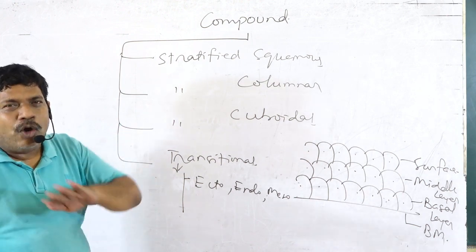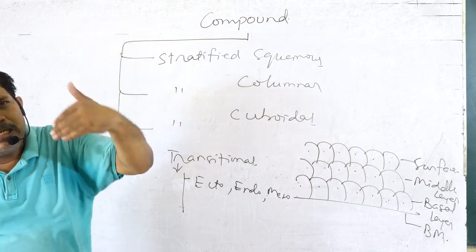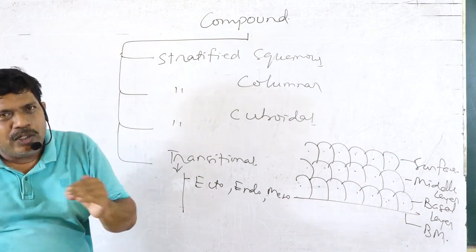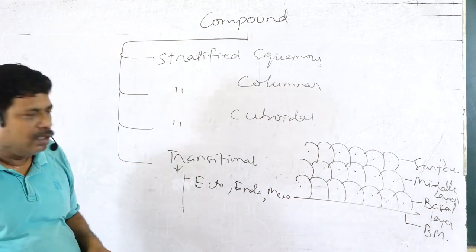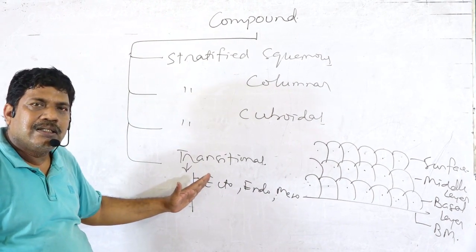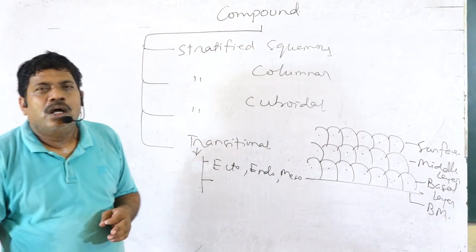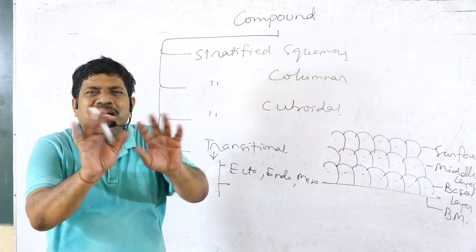In all other epithelial tissue, cells have originated either from ectoderm or endoderm or mesoderm. But here, cells of all the 3 germ layers present. Number 1. Number 2, there is no basement membrane.